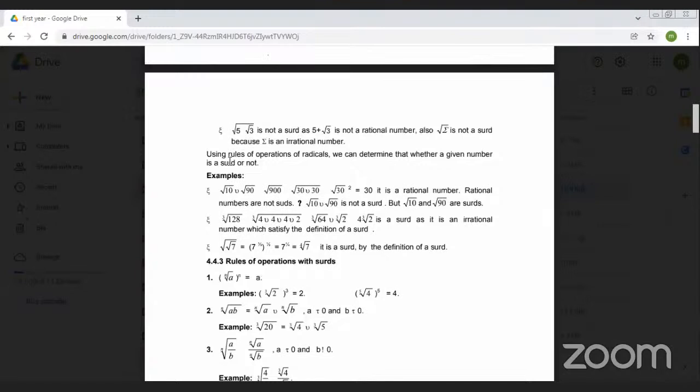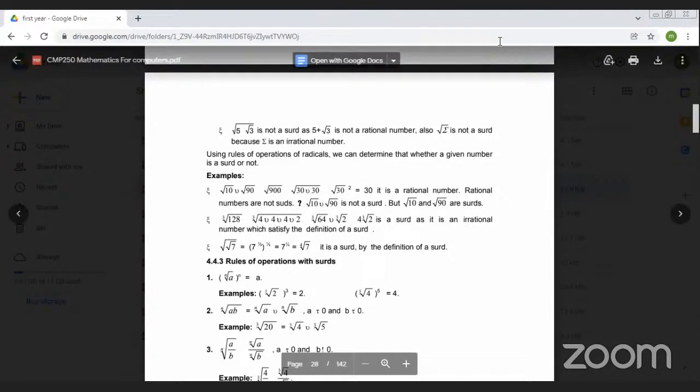Now here, see, our surd definition is what? The first one is it should give me an irrational number, and the second one is the part which is there under the root should be what? A rational number. But in this example, you can see 5 is a rational number, we understand. But plus root 3 is not a rational number because root 3 is an irrational number. So here your a becomes an irrational number.